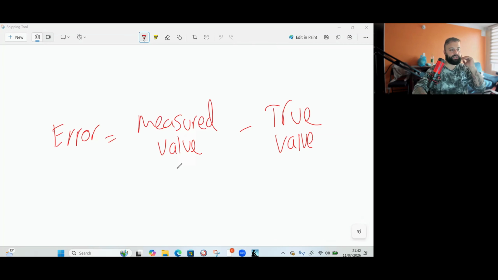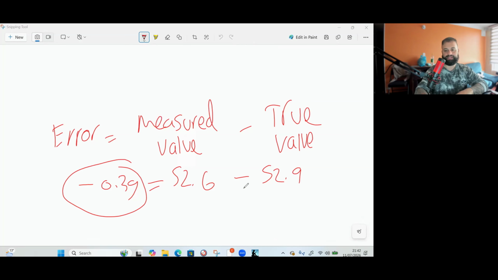So let's say I measured something and it is 52.6, but the accepted true value is 52.9. That means I've got an error of 0.3 grams. That means the error is minus 0.3. The measured value is 0.3 under what it should truly be, the accepted value, you could say.